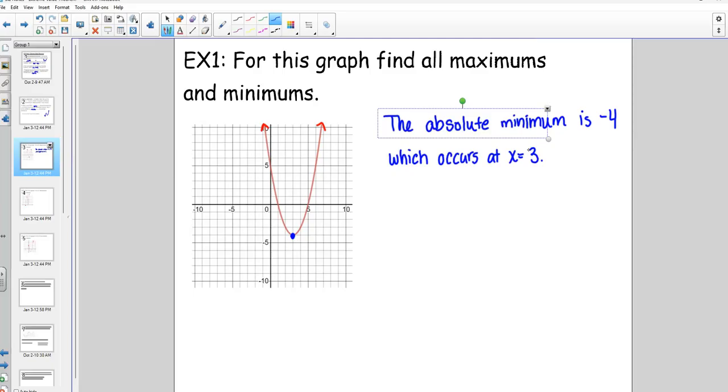But they interchange how they ask the question so often that the safest way to answer is: the absolute minimum is the y coordinate, which occurs at x equals the x coordinate. That way, if you misread what they were looking for, you still get the question right. So do the other two and try to use that formula for answering those.